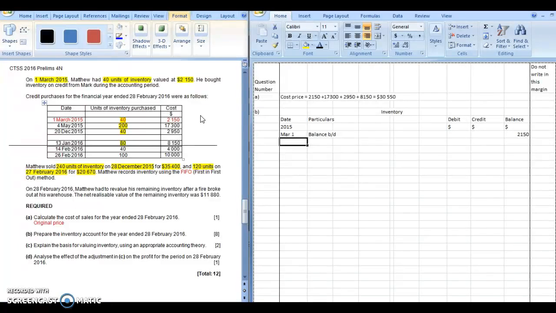Write it here. Don't forget the DR or CR. Since this is an asset account, we are going to write a DR because this is a plus minus account.